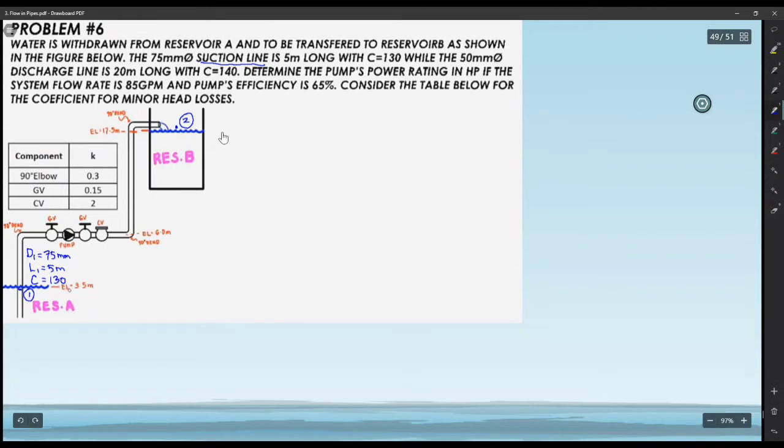Okay, next. Doon sa point 2 or doon sa discharge line. So, ang ating diameter na given dito sa problem ay 50 millimeter diameter. So, kung mapapansin nyo, magkaiba yung diameter niya. So, obviously, magkaiba yung velocity from the suction line to discharge line. Okay, so next, yung length ng pipe natin is given as 20, medyo mahaba, 20 meter long.